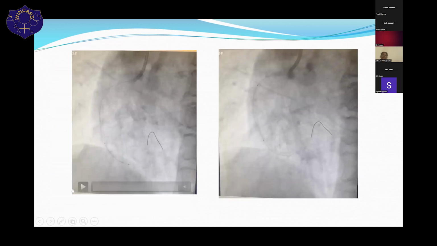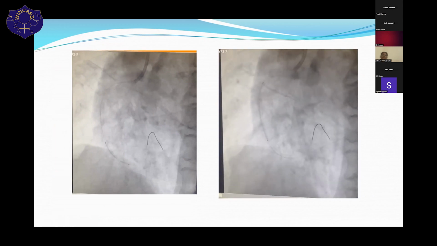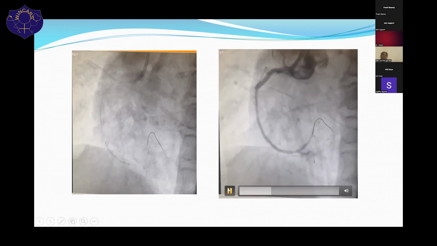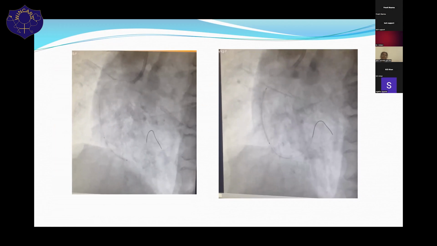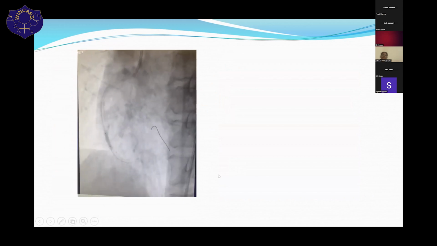This is the distal RCA, and then we stented proximal RCA with a 4.0 40 Yukon Choice sirolimus eluting stent, and after stenting, we post-dilated the distal stent with a 3.5 15 NC balloon, and proximal RCA we dilated with a 4.0 12 NC balloon.